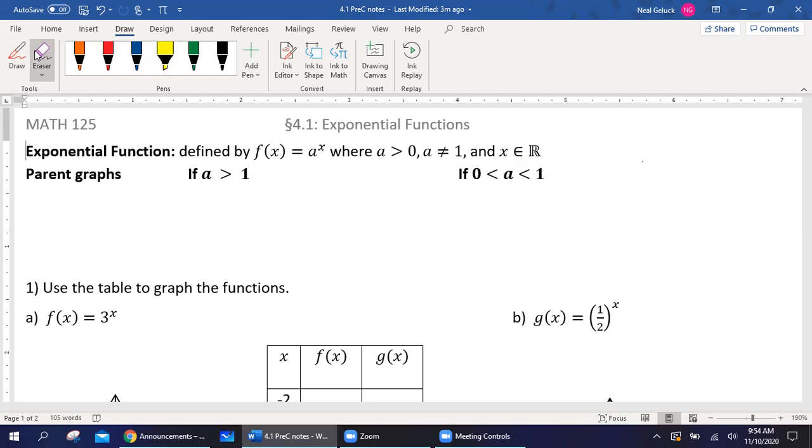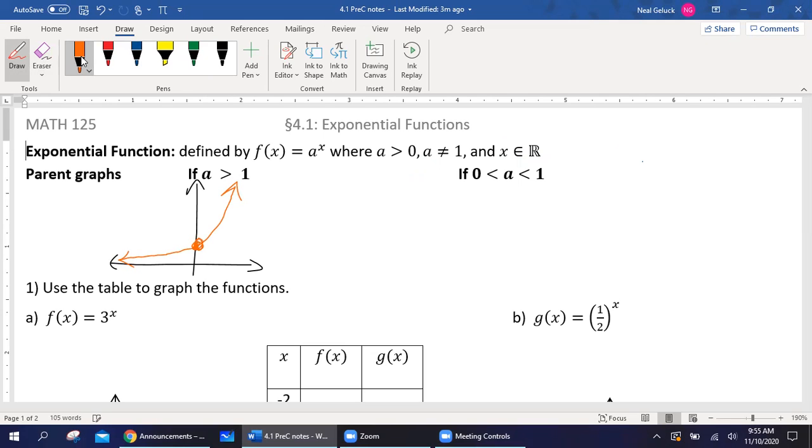And basically we have 2 different parent graphs. If your a number is bigger than 1, then your graph is going to be an exponential growth. It's going to be asymptotic to the x-axis and then grow pretty fast once it passes the y-axis.